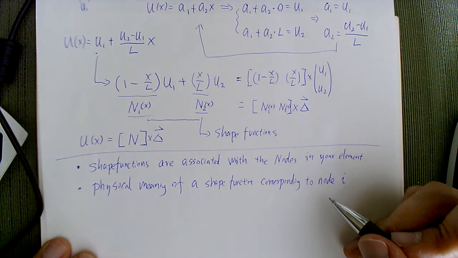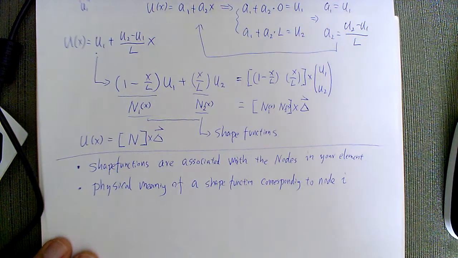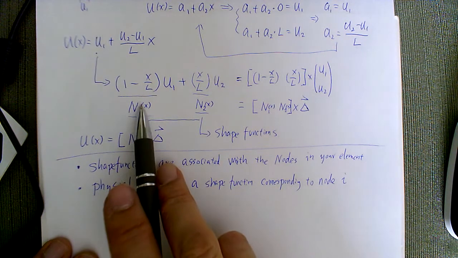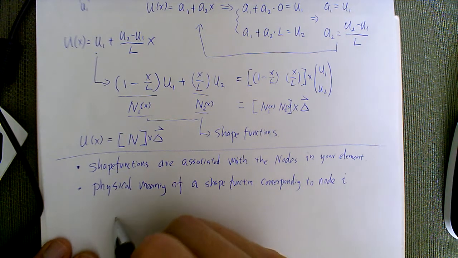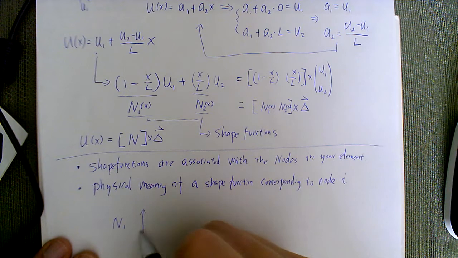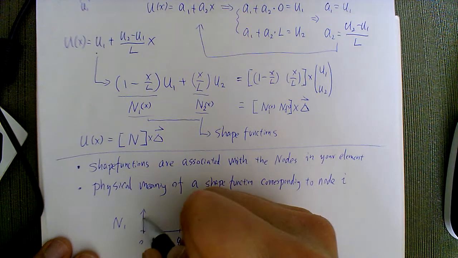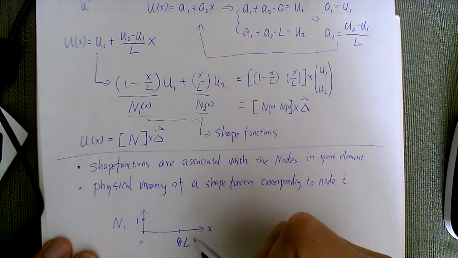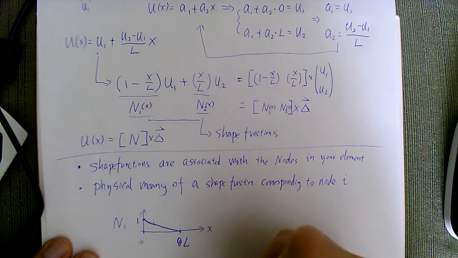Okay, if you're looking physical, I always say, okay, we better take a look at what the shape function looks like. Just using this as an example, the first N1 shape function, what does it look like? The N1 shape function here, if you would really draw it, x is 0 to L. If you draw it, at x equals 0, it is 1. Then at x equals L, it's 0, and then it's a linear function.